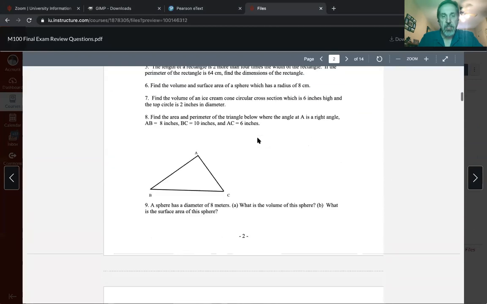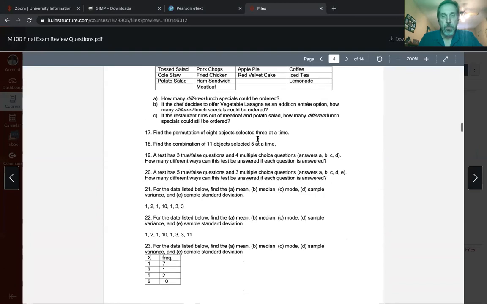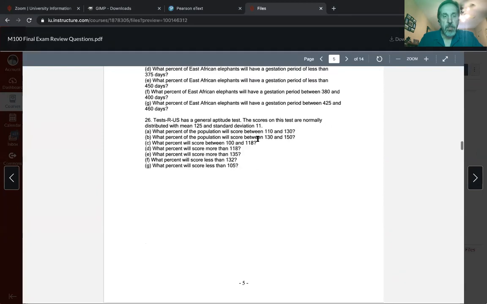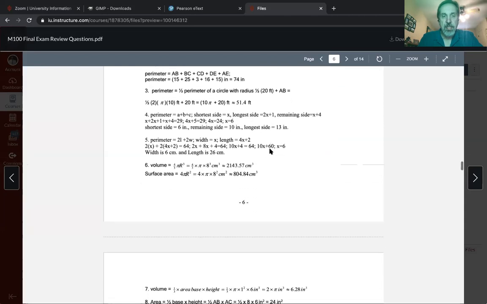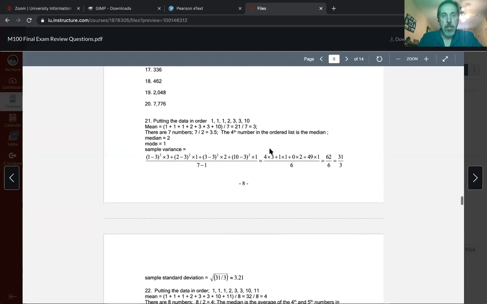These are just example problems for you to practice to prepare for your final. I do want you to notice that the solutions are also there. The last 7 or 8 pages go into step-by-step solutions to those problems.